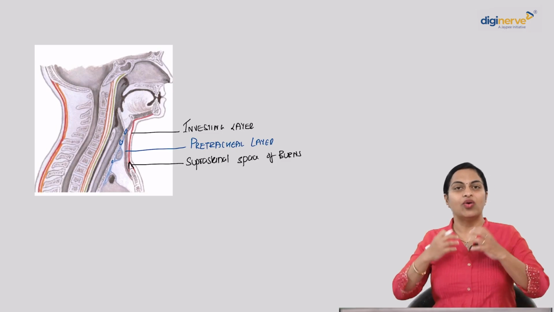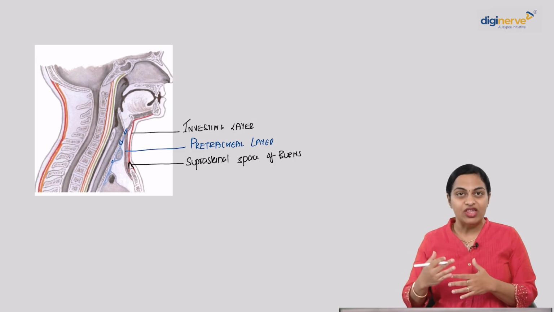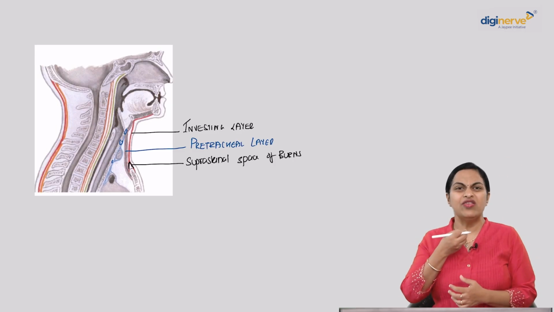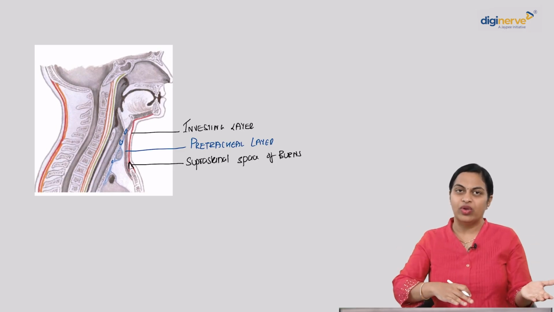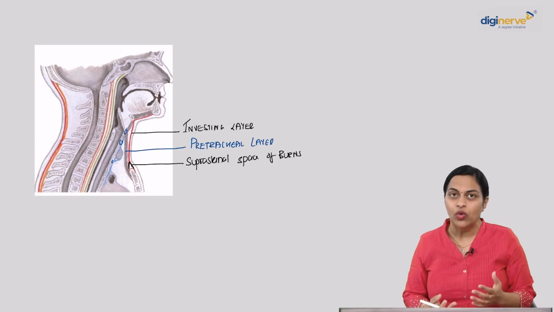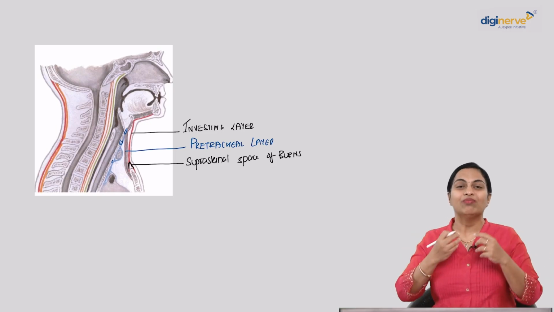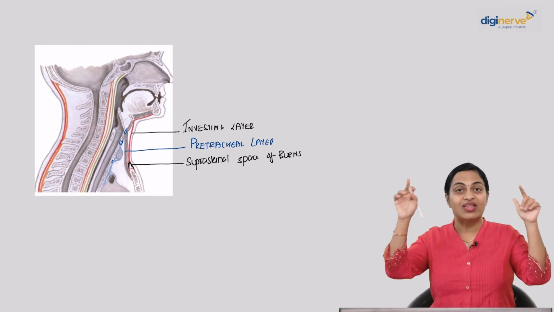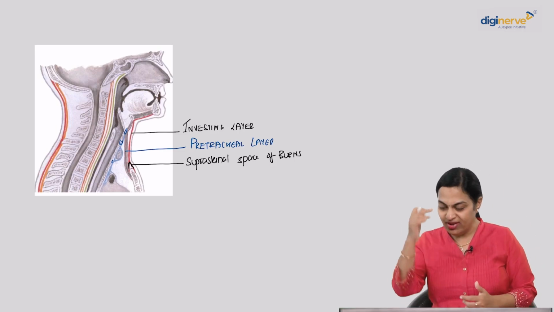That is why the thyroid moves with deglutition, because of the attachment of the pretracheal fascia to the laryngeal cartilages. Any swelling over the neck, to differentiate whether it's a thyroid swelling or some other lymph node swelling, we ask the patient to drink water. And if the swelling moves with deglutition, then we confirm it is a thyroid swelling, because the thyroid gland is enclosed within the pretracheal fascia and attaches to the laryngeal cartilages which move during deglutition, right?